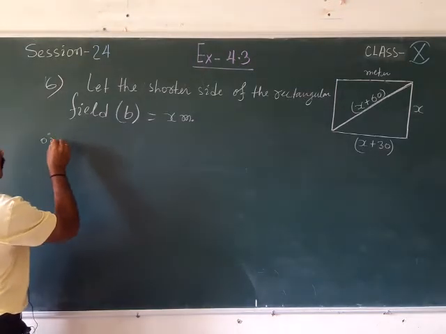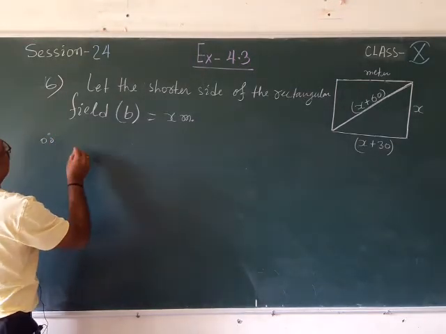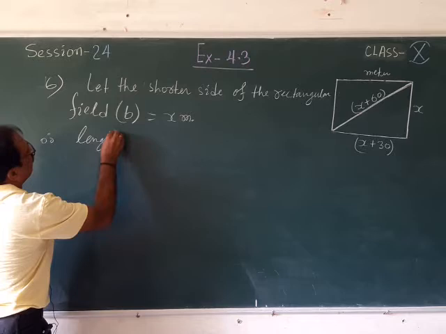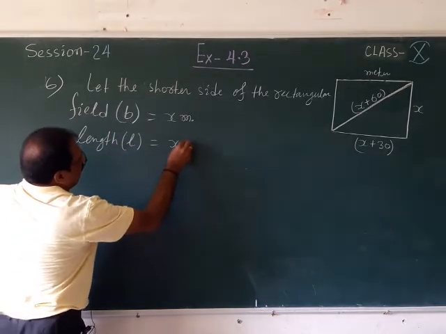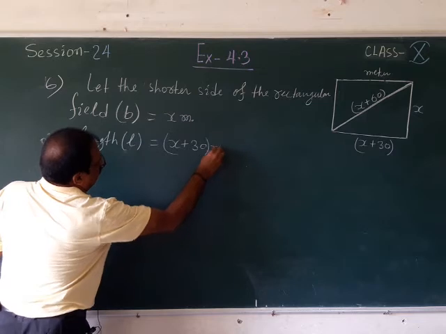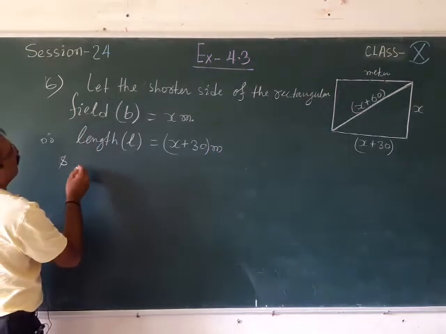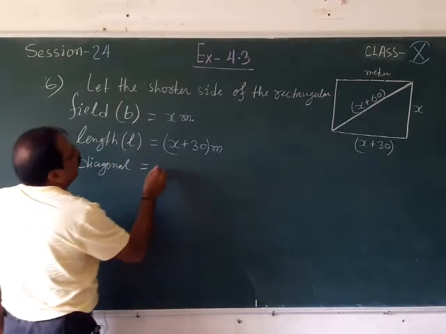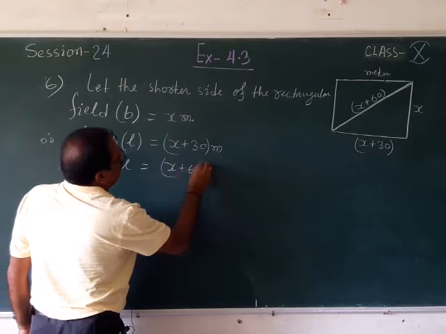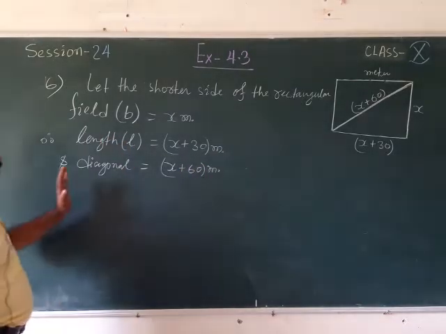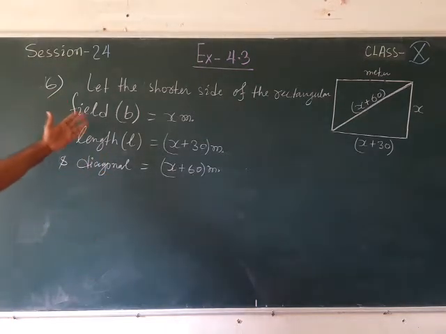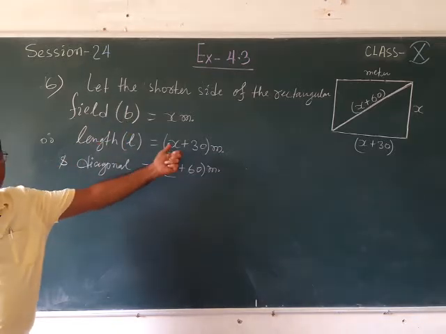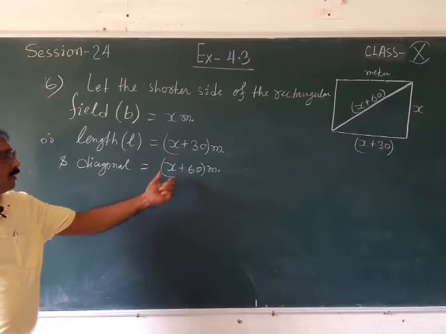Therefore its length is x plus 30 meter, and the diagonal is x plus 60 meter. So these things are given in your question. Once you have taken the breadth as x meter, then the length will be x plus 30 meter and the diagonal will be x plus 60 meter.